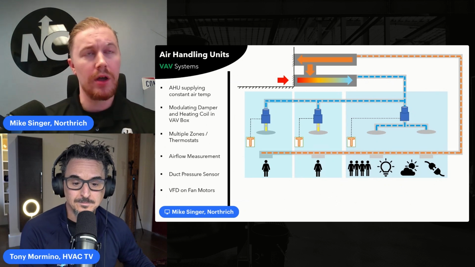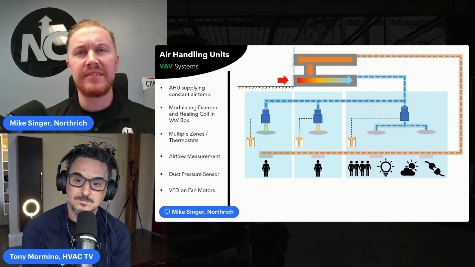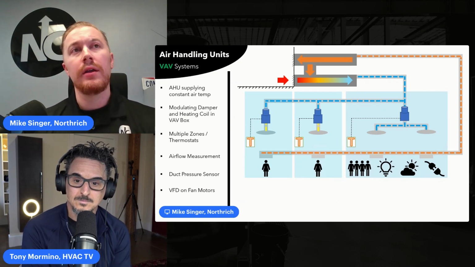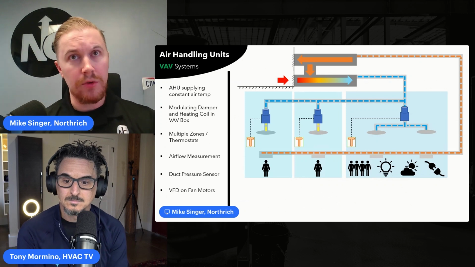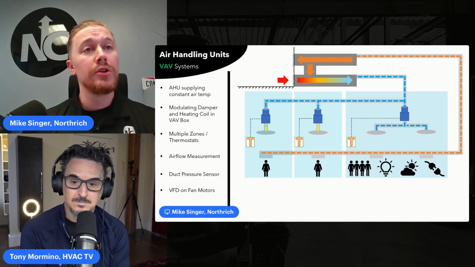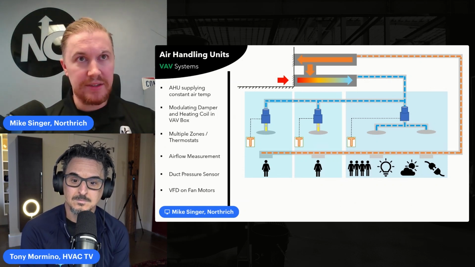Sure. No, that's a really good point. And I think to add to that, Tony, one thing I see with the VAV boxes with the reheat coils in today's world, the specifying engineer likes to run really low boiler water temperature to that hydronic coil in the VAV box.